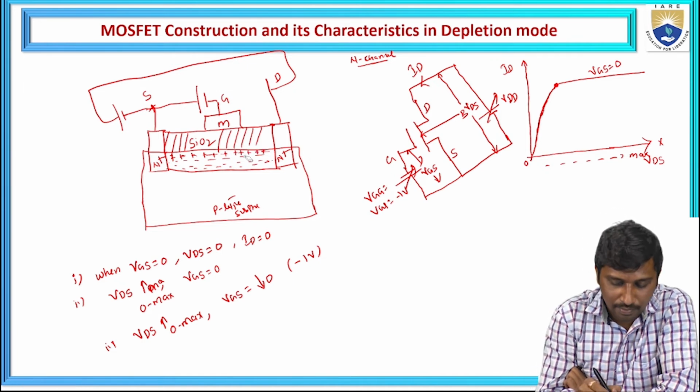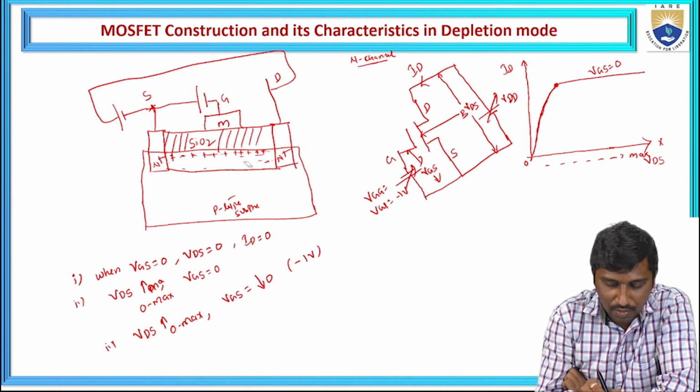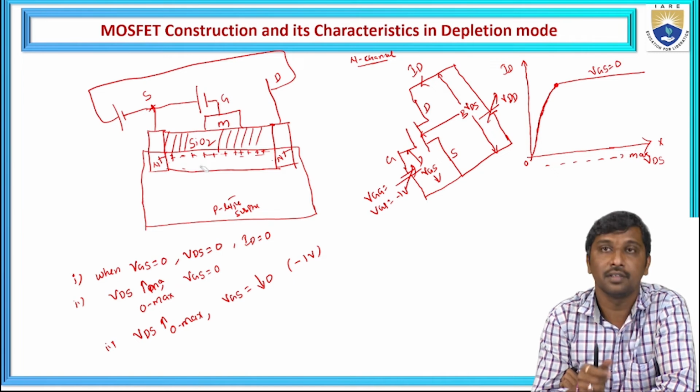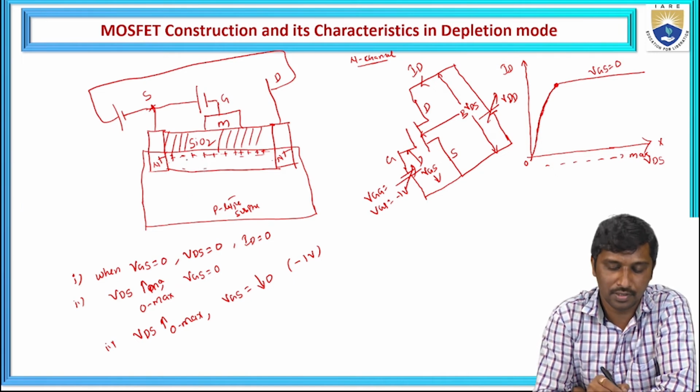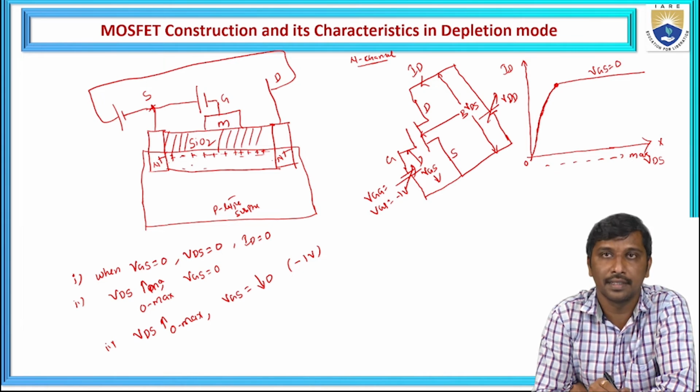This was the maximum area previously, but due to applying a negative voltage across the gate, it creates some positive charge in the channel.